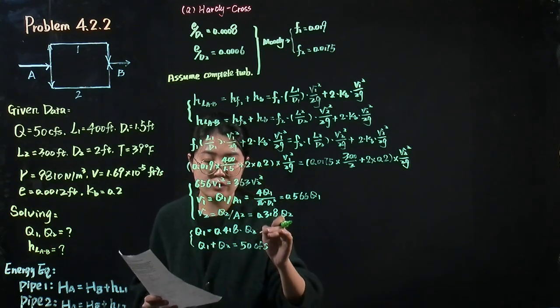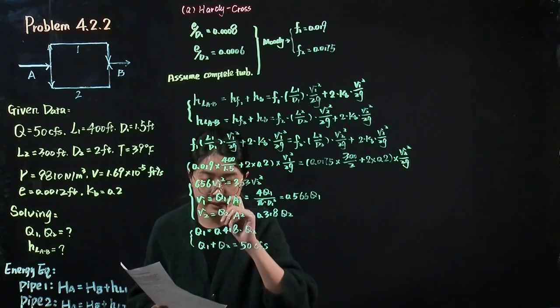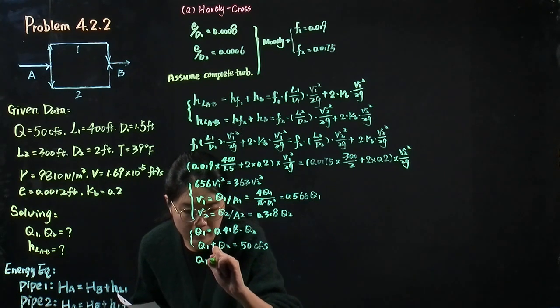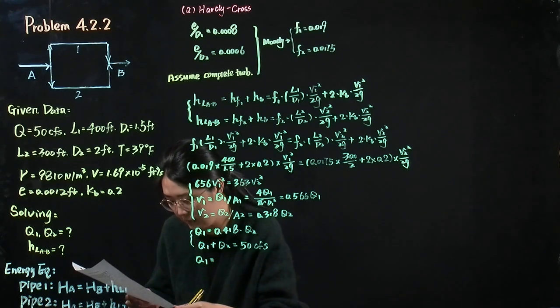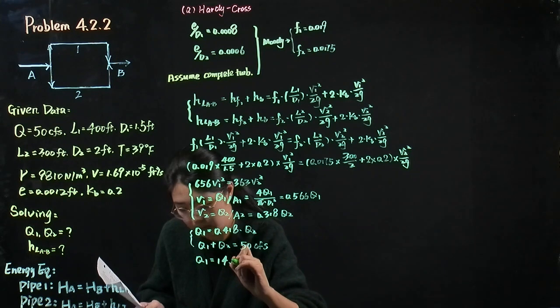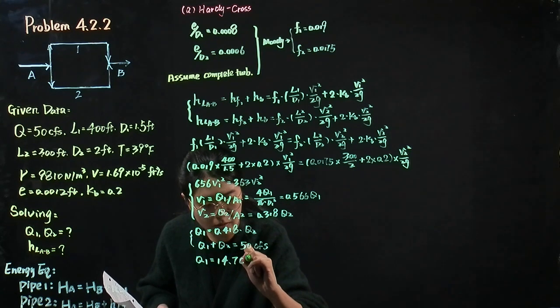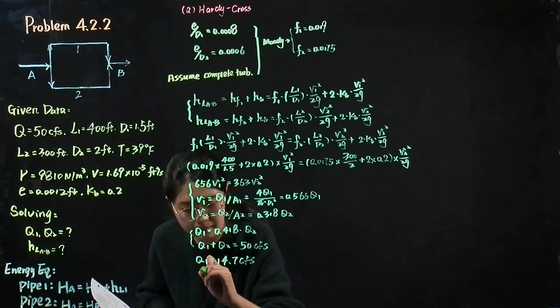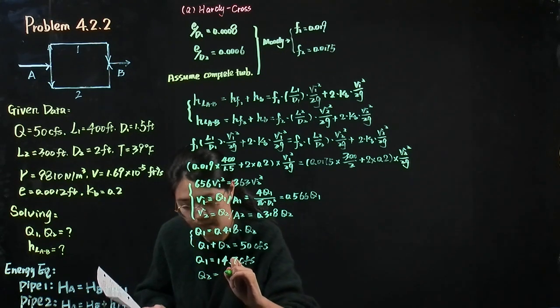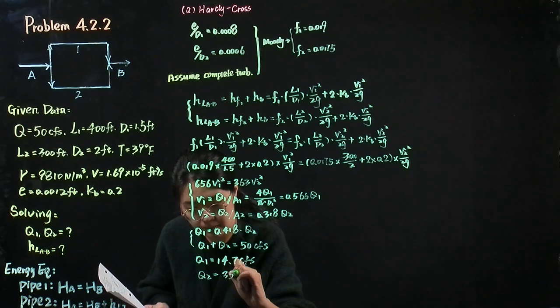After solving these two equations, we can get the flow rate in pipeline 1, which equals 14.7 cubic feet per second, and Q2 equals 35.3 cubic feet per second.